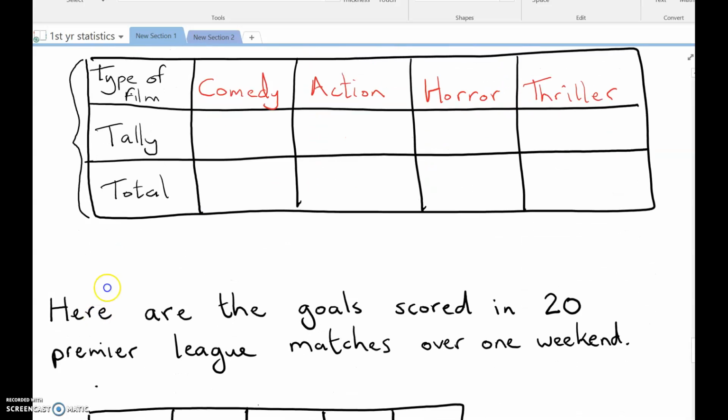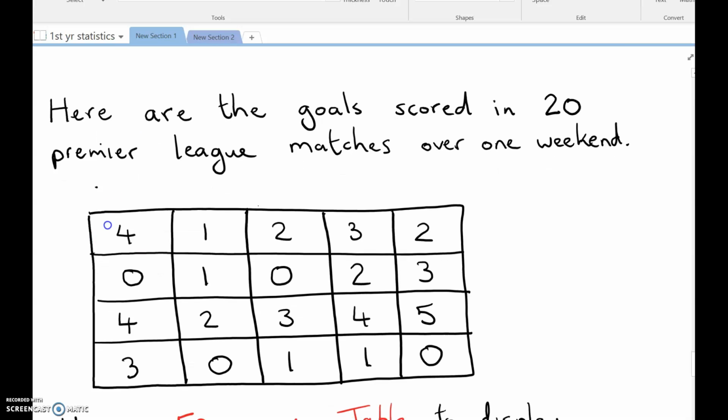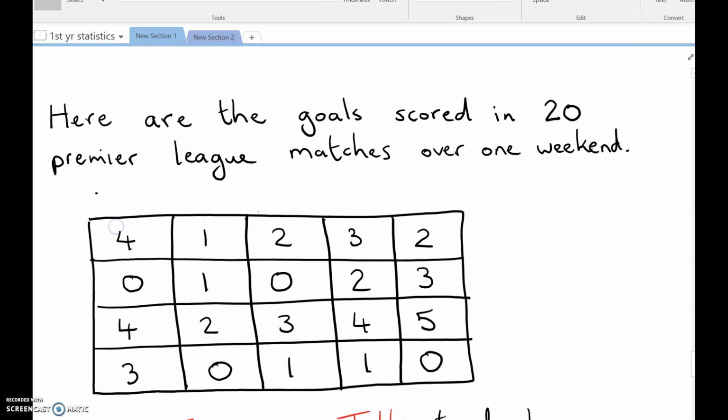Okay, now let's take another type of frequency table. So let's look at this little chart here. We've got all of the goals that were scored in 20 Premier League matches over one weekend. In one of the matches there were 4 goals scored. In another one there was only 1 goal scored.